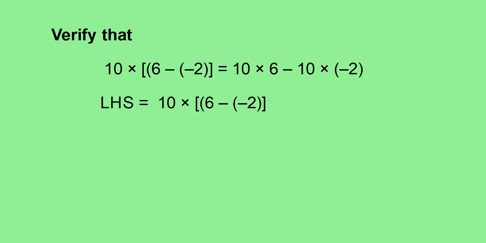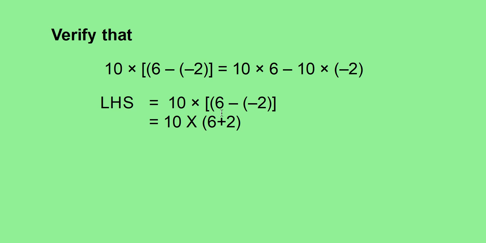LHS is equal to 10 into (6 minus negative 2), which is equal to 10 into (6 plus 2), which is equal to 10 into 8. You are getting 80 as the answer.